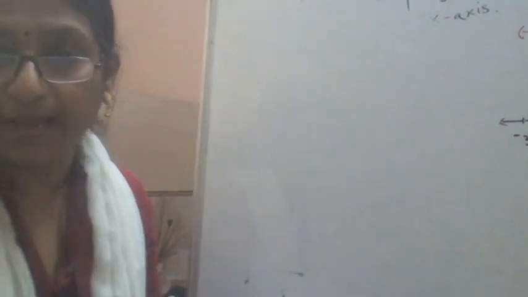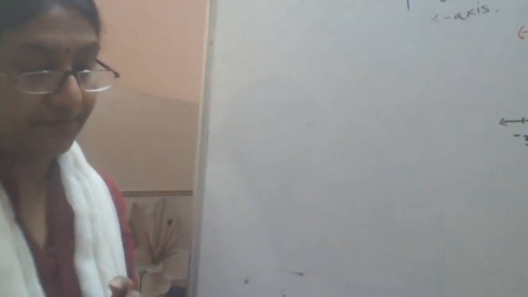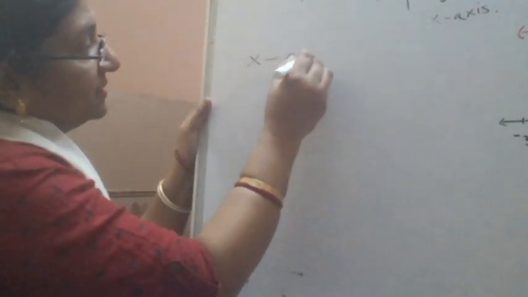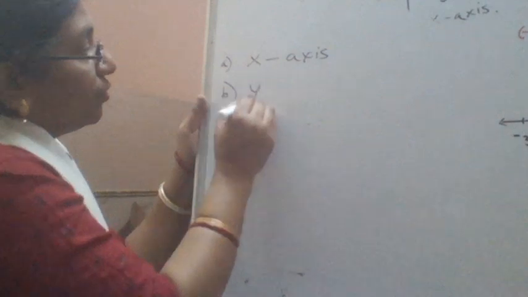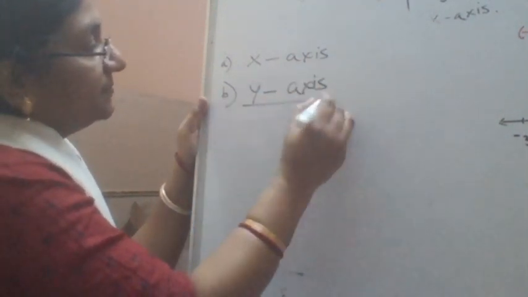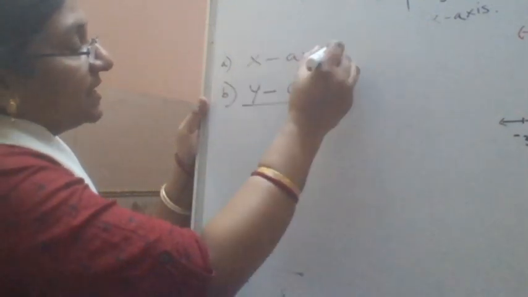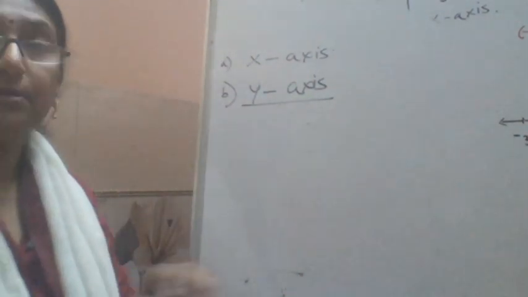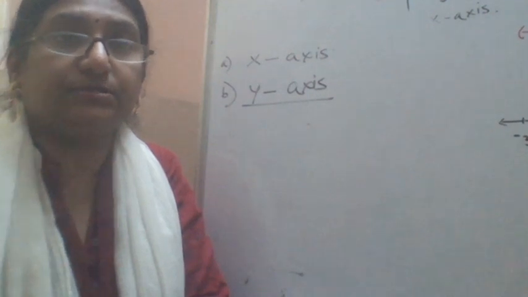Some graph will appear on the screen, and I will locate some point on the graph, and you will first give me the reflection of that point on the x-axis, that is part A, and part B will be the reflection on the y-axis. If the y-axis is the mirror, then where will the image form? And if the x-axis acts as the mirror, then where will the image form? This will be the question. So now I show you the graph sheet on the screen.